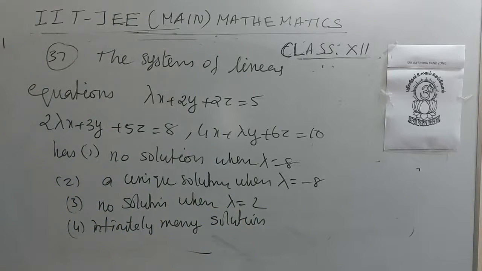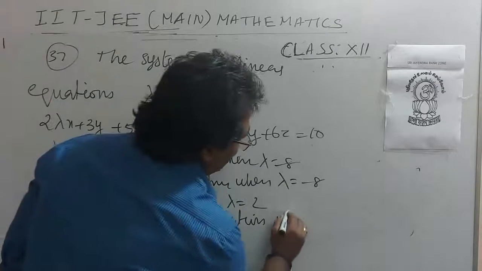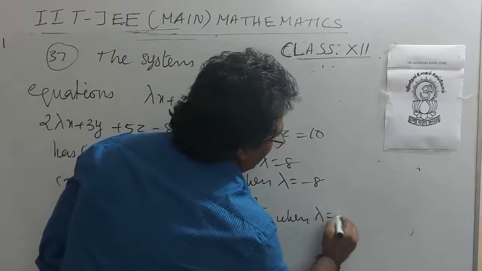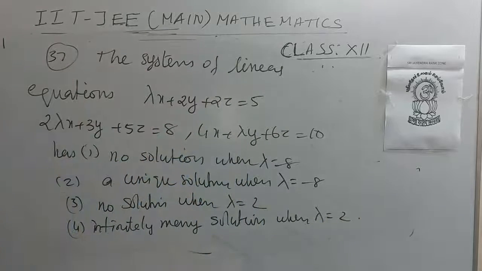Fourth option: infinitely many solutions when lambda equal to 2. So they have given the system of equations as well as 4 options.